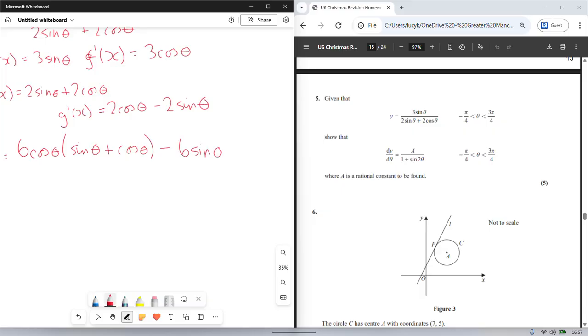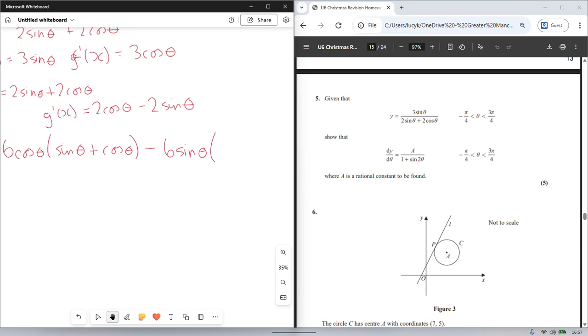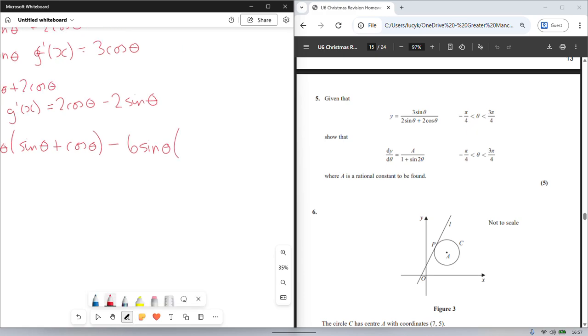So 6 sine theta, and then 2 cos theta minus 2 sine theta. Oh no, I don't need the 2's, do I? So it'll just be cos theta minus sine theta.